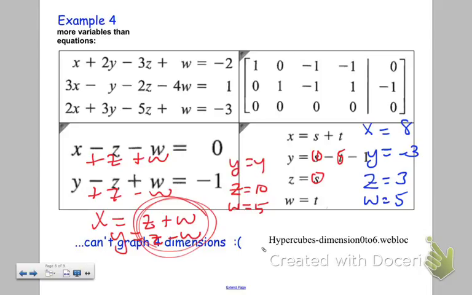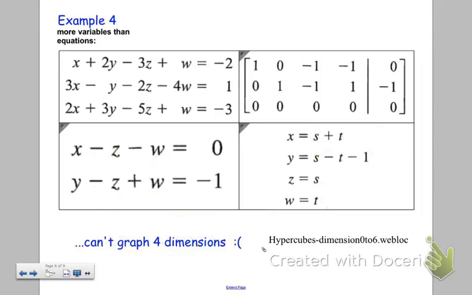And then x has to be the sum of the two. So it's 10 plus 5, which is 15. And then, of course, we can't graph these because there's no way for us to visualize 4 dimensions.